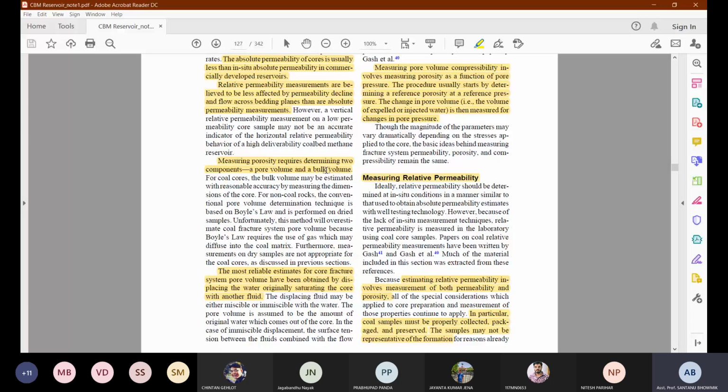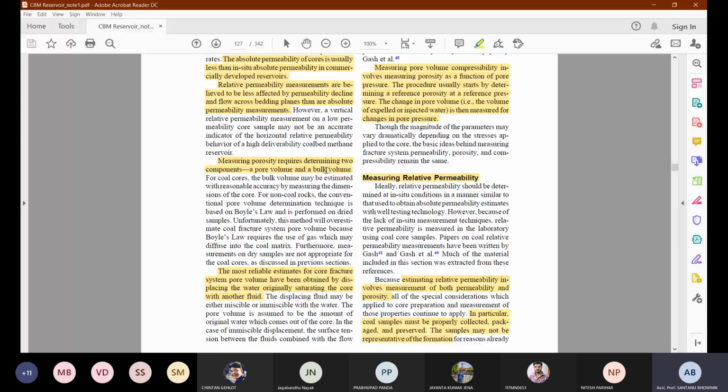But we take the porosity everywhere with this error, because this is the standard method of getting the information of the porosity, and this pycnometry is done at a very low pressure, 20 to 22 psi, with the helium gas.